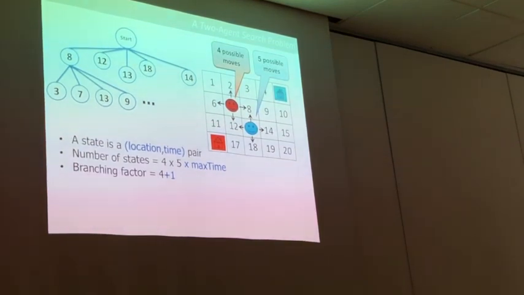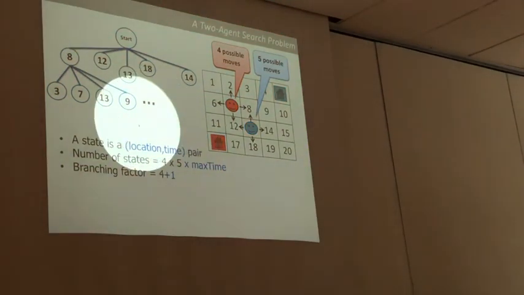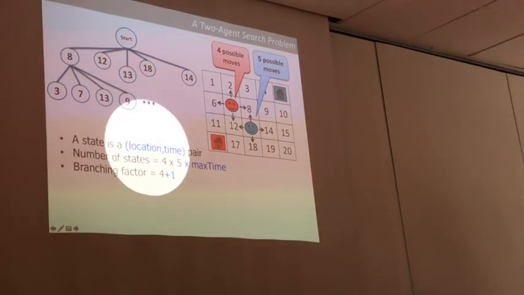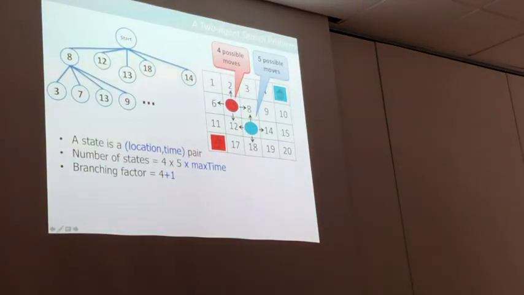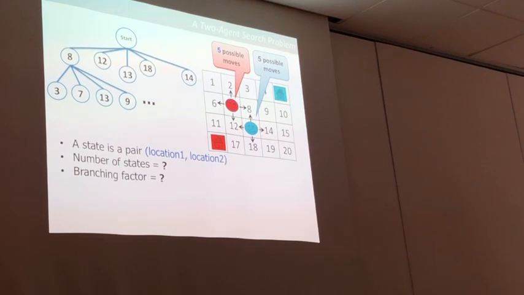So if we look at it more generally, the more general way to look at the search problem is that the state would not be a location-time pair, because this doesn't say which agent, but it would be the location of all agents. So every state would be a location-location pair. Okay, so the start state would be the pair of the start locations, and every action is to move both agents.